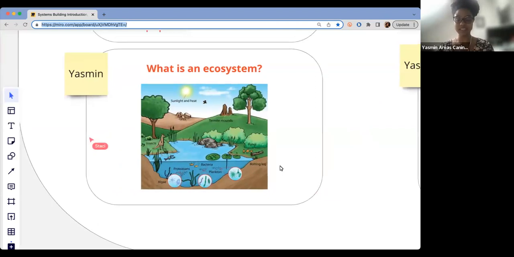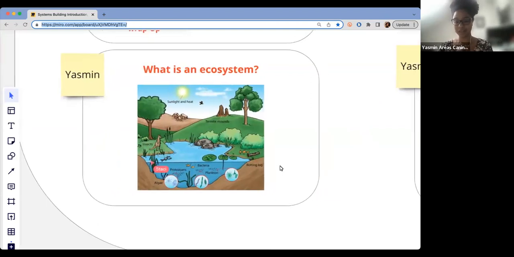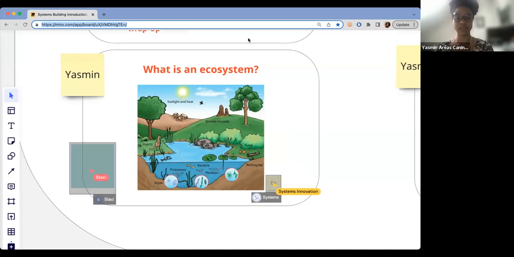So this is going to be a very important topic for today's session. So I invite you to put your sticky notes around this image here with some definitions or some ideas on what you think an ecosystem is. I'm going to give you a couple of minutes before we start talking better about this idea.